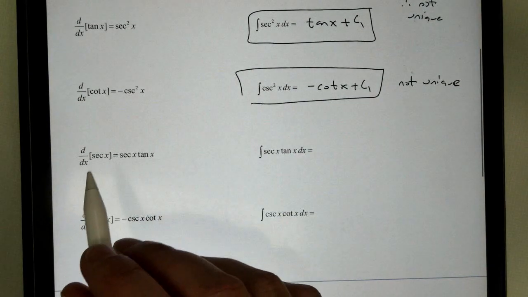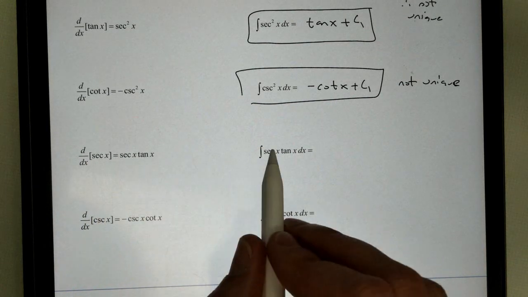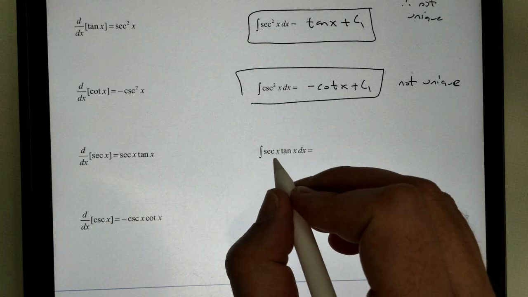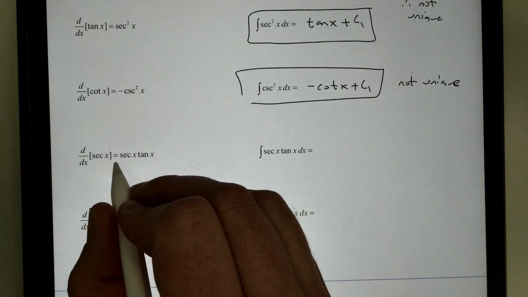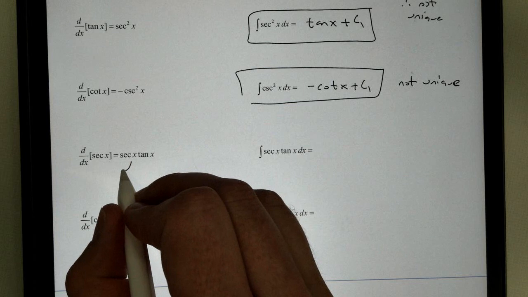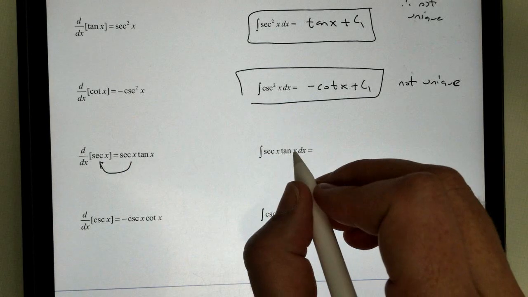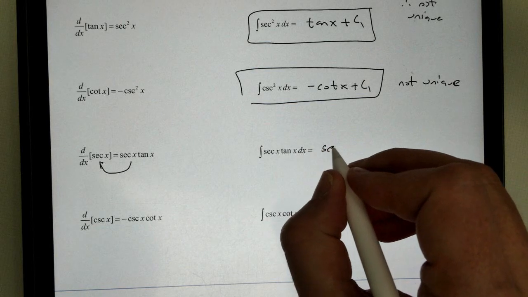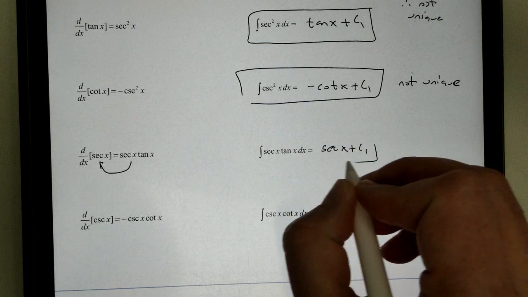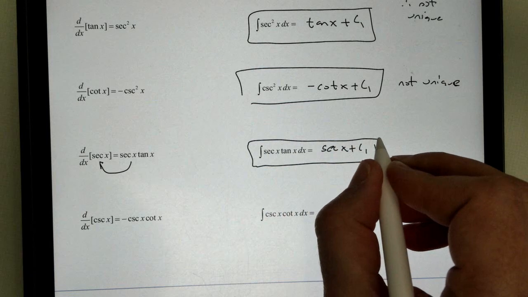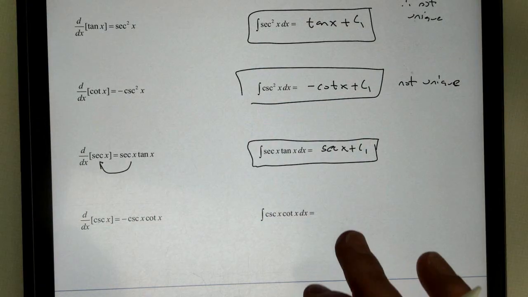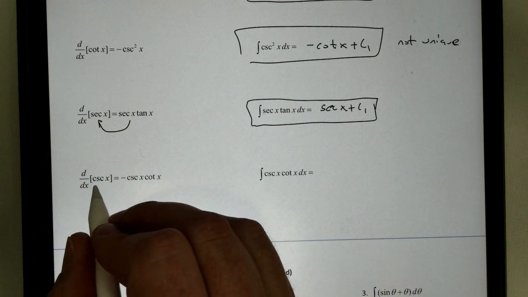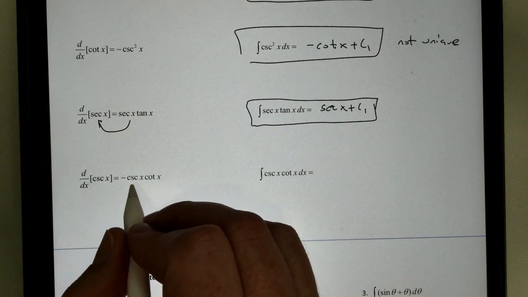The derivative of secant is secant tangent, so the antiderivative of secant tangent is going to be secant of x. In other words, I know that the derivative of secant is secant tangent. We just want to go the opposite way. What function's derivative is secant tangent? And that's going to be secant of x. Now, give me a second, I'll show you a trick for how I remember these. I don't remember all these antiderivative rules. The derivative of cosecant is negative cosecant cotangent.